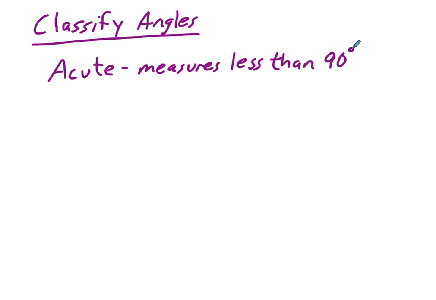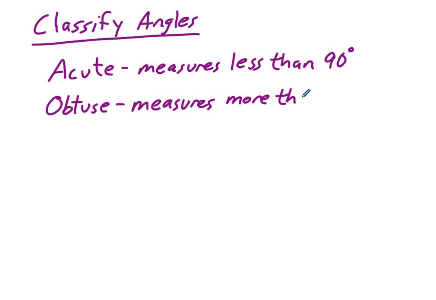Any angle with a measurement less than 90 degrees we call acute. Obtuse is any angle that measures more than 90 but less than 180 degrees.